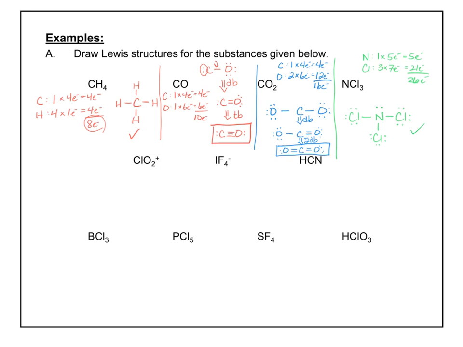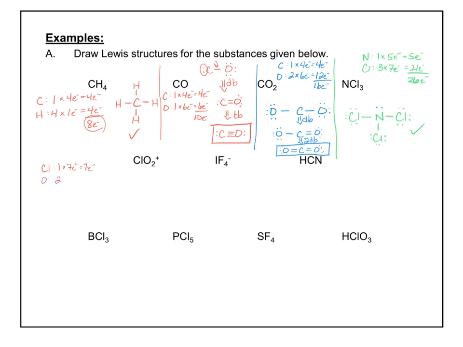All right, the next example we have here is a species that is charged, ClO2 with a positive charge. Let's first count up the total number of valence electrons. Chlorine, there's 1 times a valence number of 7, so 7 valence.